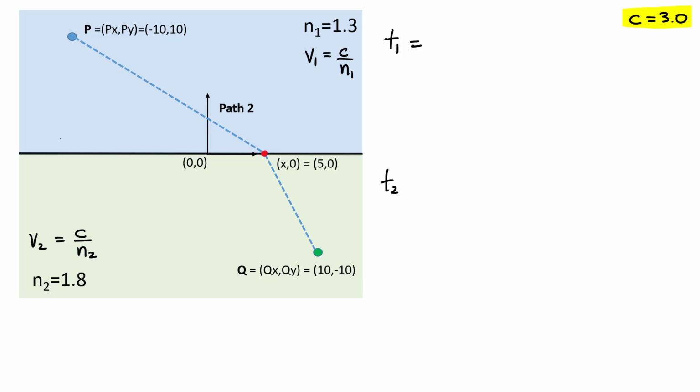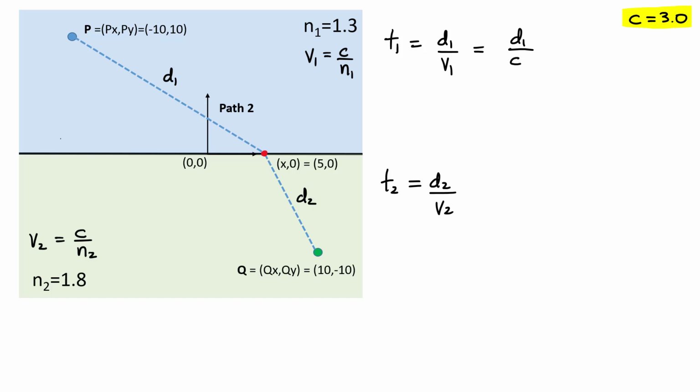So the time T1 is going to be, well, what is this distance over here? You can call this distance, for example, D1. I can call this distance D2. So the time is simply that distance D1 divided by, well, how fast is light propagating in this media? For time T2, it's going to be that distance D2 divided by the speed V2. Now again, using our definition of the speed, we can introduce the speed of light and the index of refraction here.